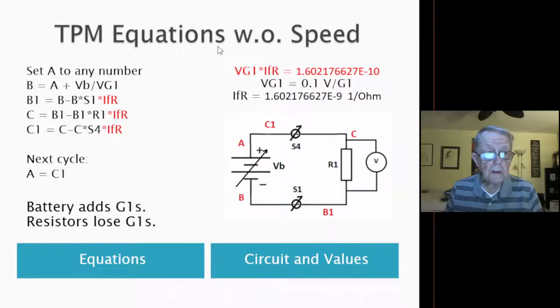Now, here are the TPM equations without speed. This is the same circuit, except now the G1 particle goes around the other way. But the principle is still the same. Here are the equations. The key point is that the interaction factor is generally the same for resistors.